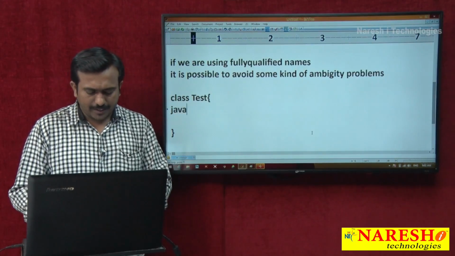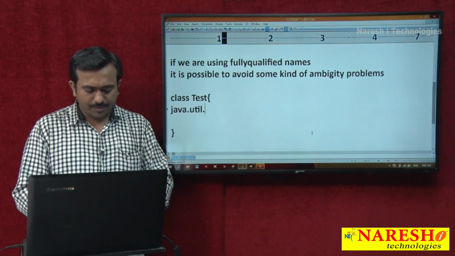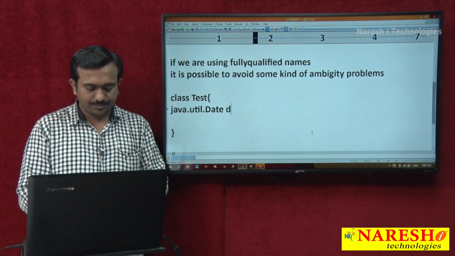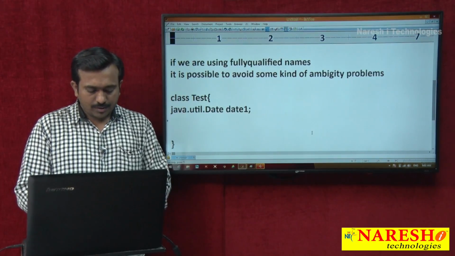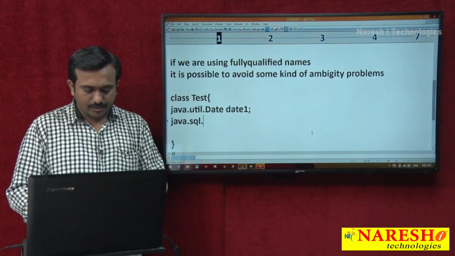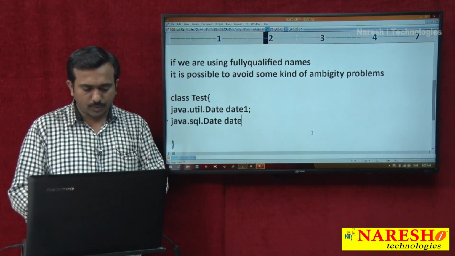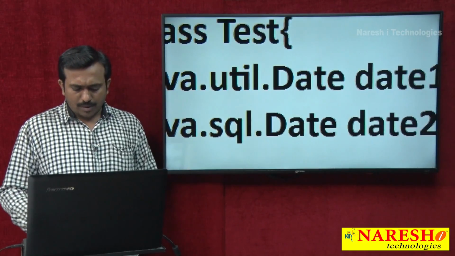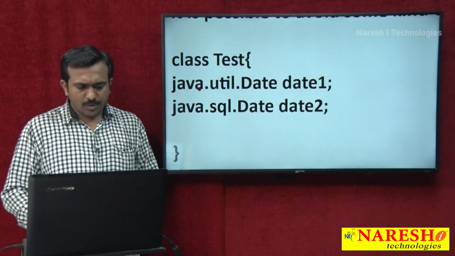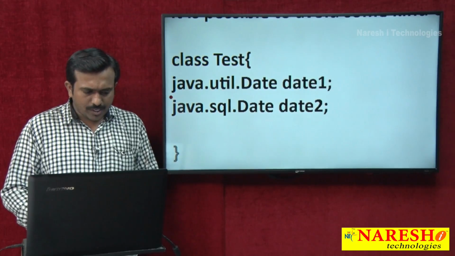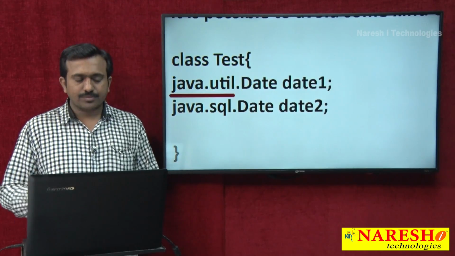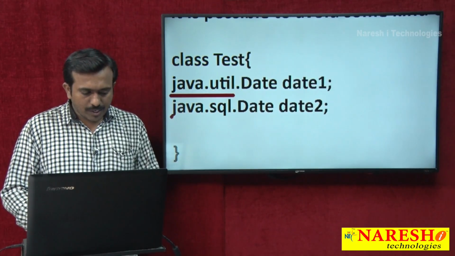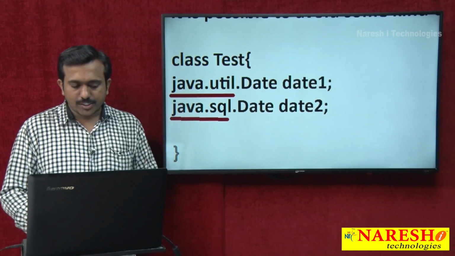I am writing the Date class with fully qualified names: java.util.Date date1, java.sql.Date date2. So here I am using two dates, one from the util package and one from the SQL package.